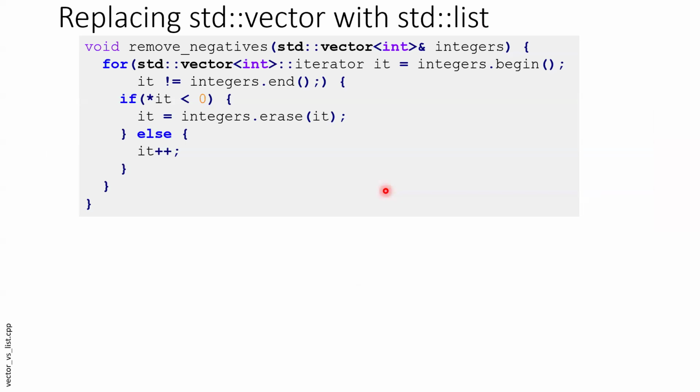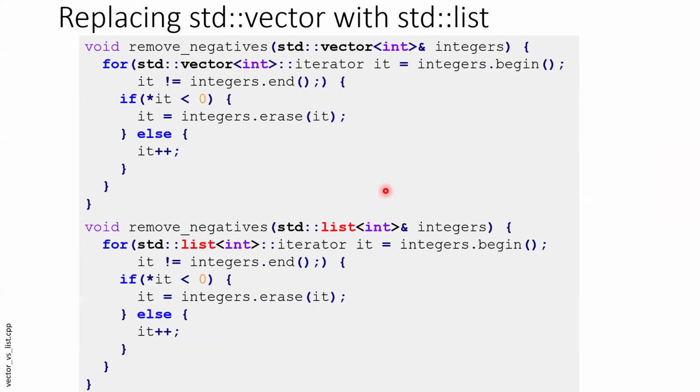And then in our remove negatives code, because list is proven to be more efficient than vectors, we'll replace the vectors with list. And the only thing we need to do is replace the vector with list and nothing else, because all the iterator operations are the same.